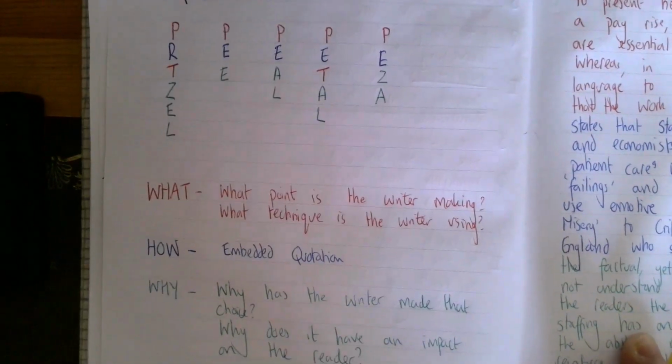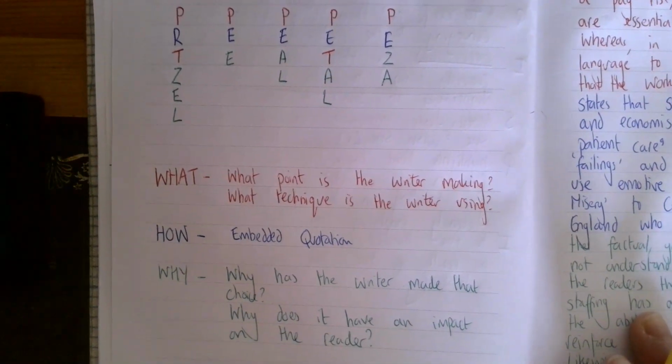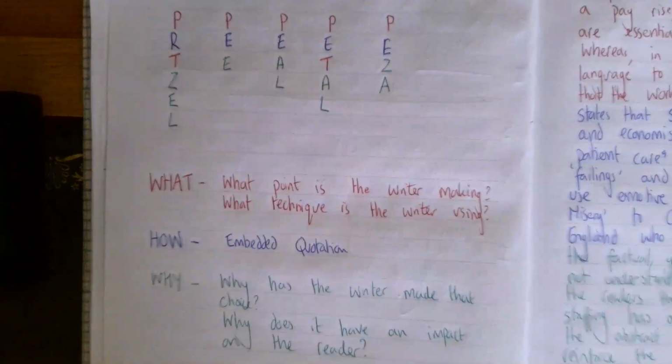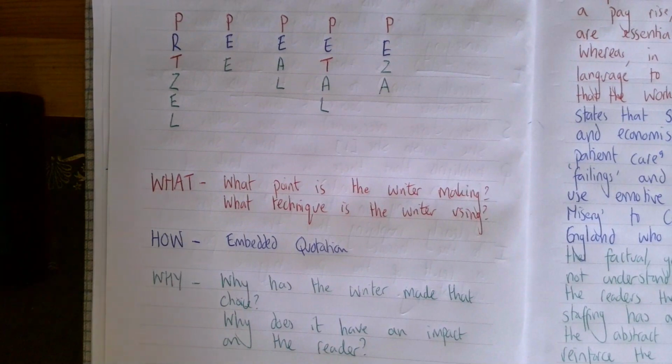Now AQA, which is the exam board that we are sitting, they've stated very clearly in their examiner reports that they prefer what, how, why. The what, how, why is the most efficient way of organising your answers to get the marks.